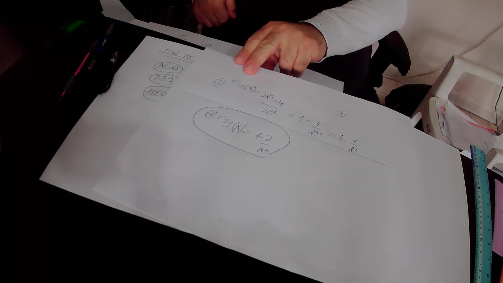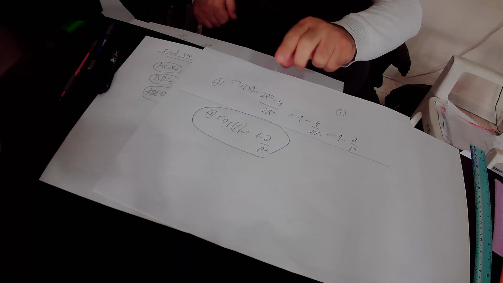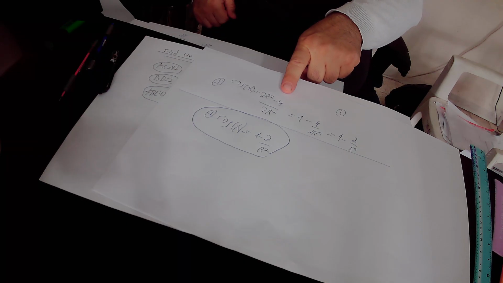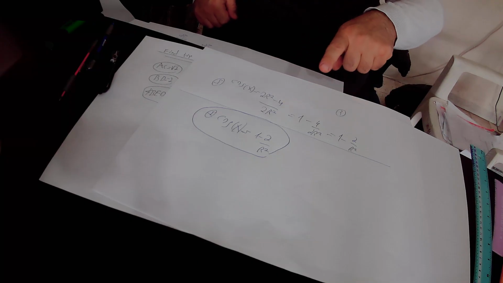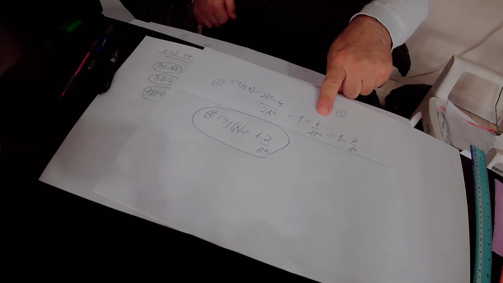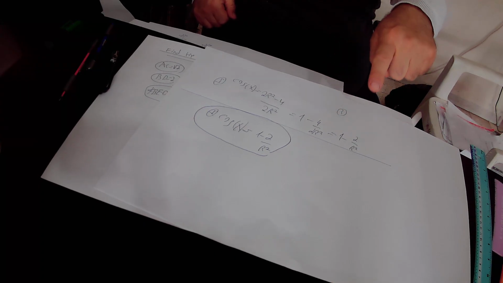According to equation 1, we found that cosine x equals 2r squared over 2r squared, which is 1, and minus 4 over 2r squared. We divided both the numerator and the denominator of this expression by 2, and got that minus 4 over 2 is minus 2, and 2r squared over 2 is r squared.